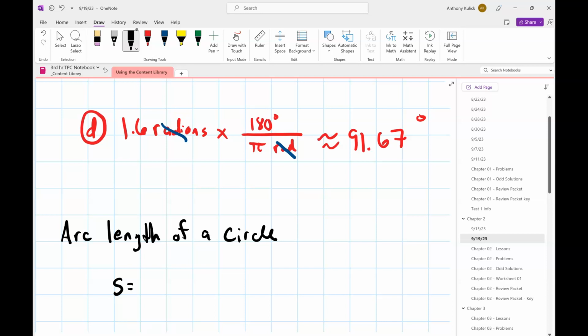We use the letter S to represent the arc length of a circle. We did theta, the measure of the central angle, divided by 360 degrees times 2 pi r, which is the circumference of the circle.